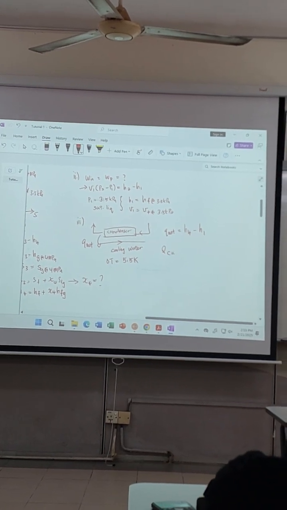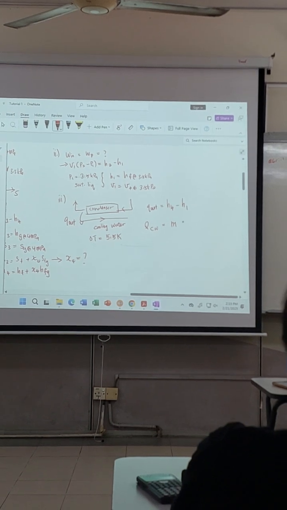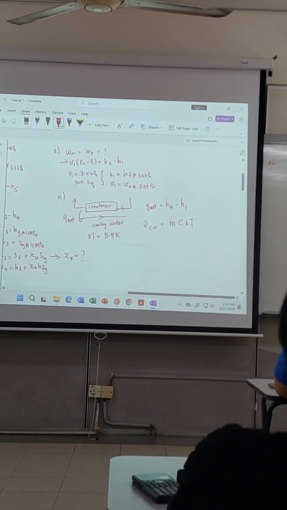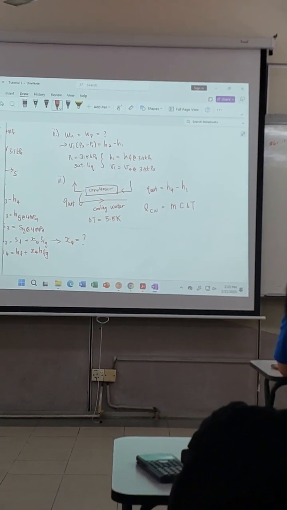Right here, for water, what you have to do is use mcΔT. Remember this: last semester when I taught thermo, I would try to use mcΔT for water.